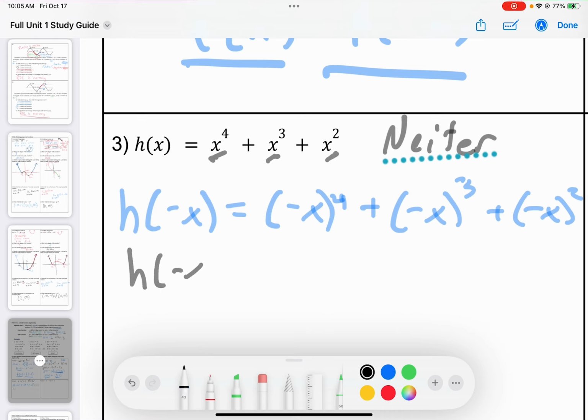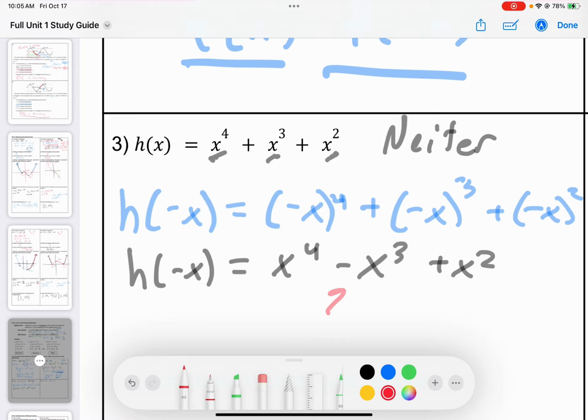Well, h of negative x equals x to the fourth minus x to the third plus x squared. This is not the same as this because of this negative right here. So this is not even. Even? No.